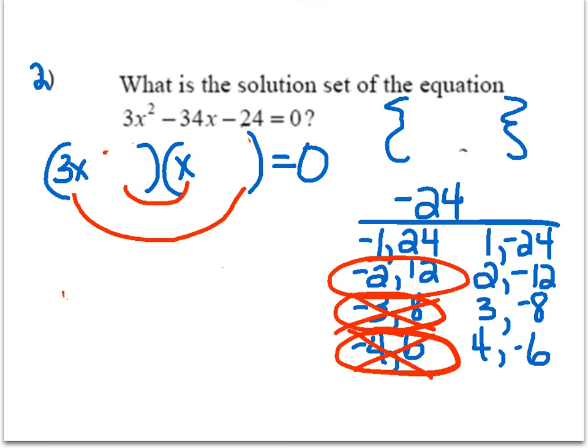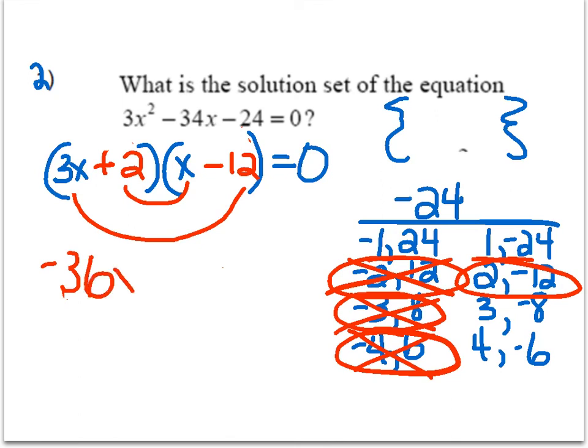So instead of it being -2 and 12, maybe it's +2 and -12. That'll give me -36x plus 2x. And that gives me a -34x. So those are the terms that I'm looking for.